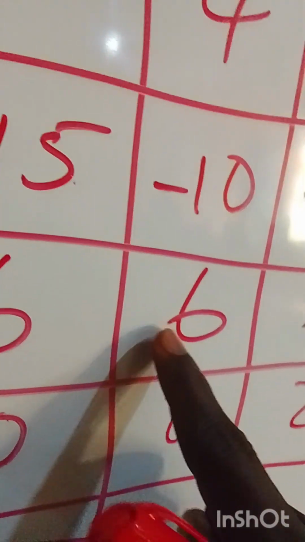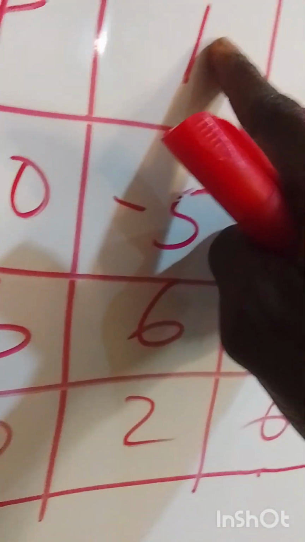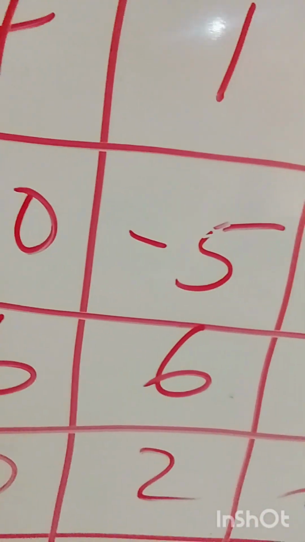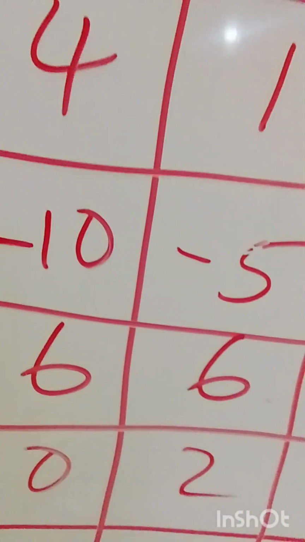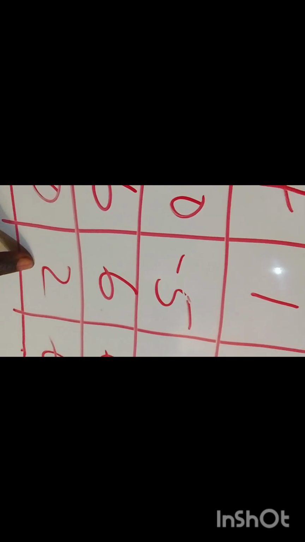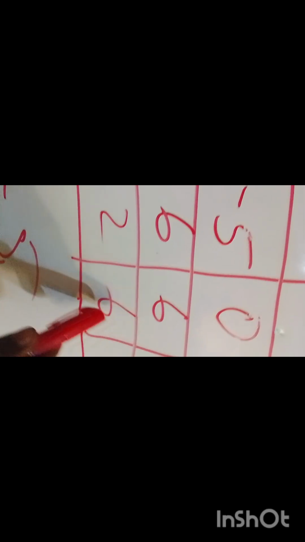Minus 6 plus 6 is 0. 1 minus 5 is minus 4. Minus 4 plus 6, just like I've explained, is 2. Then 0 plus 0 is 0, plus 6 is 6. 1 plus 5 is 6, 6 plus 6 is 12.